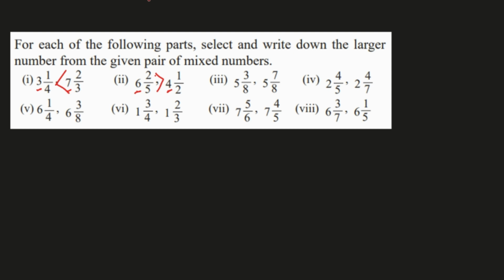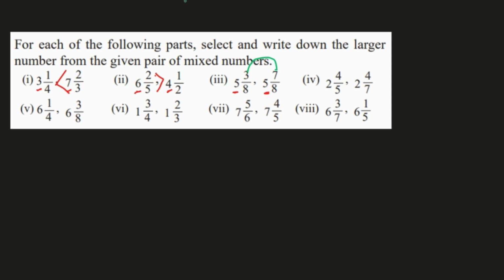Easy, isn't it? So in the next case, you can say it's 5 and 3 upon 8. It's 5 and 7 upon 8. So in that case, the whole number part is equal. So if they are same, then we are comparing the proper fraction part. So what are the proper fractions? It's 3 upon 8 and 7 upon 8. You can see that the denominators are equal.